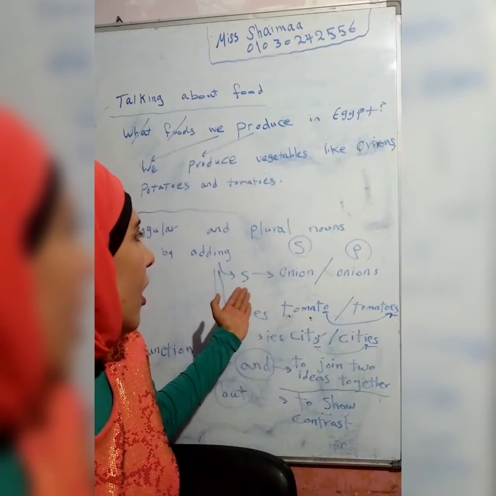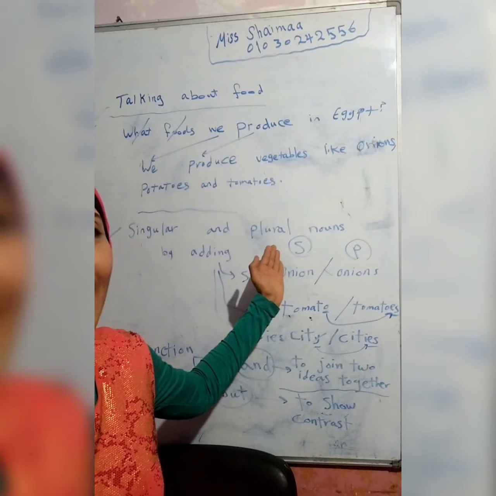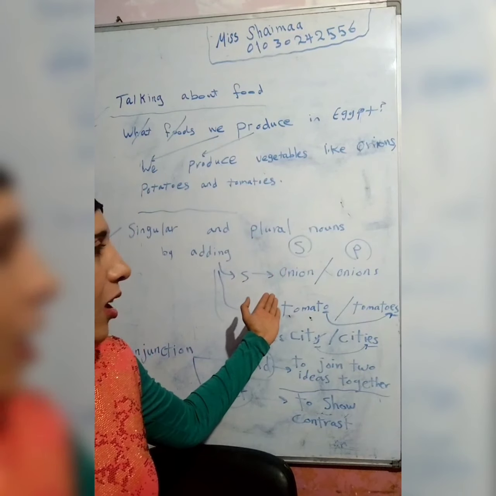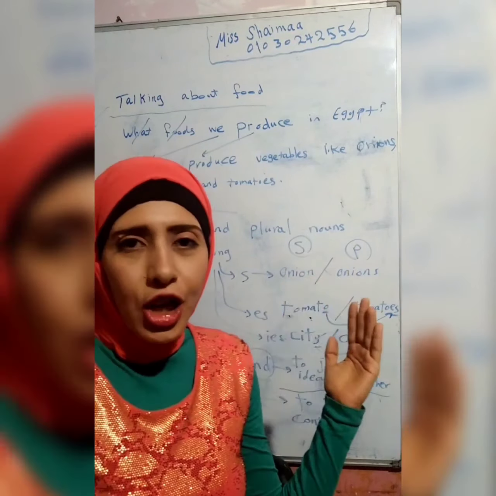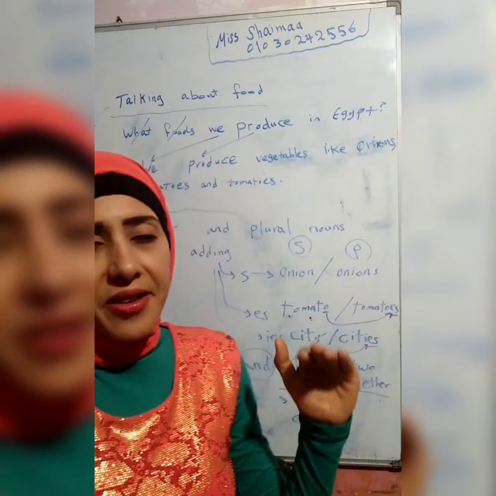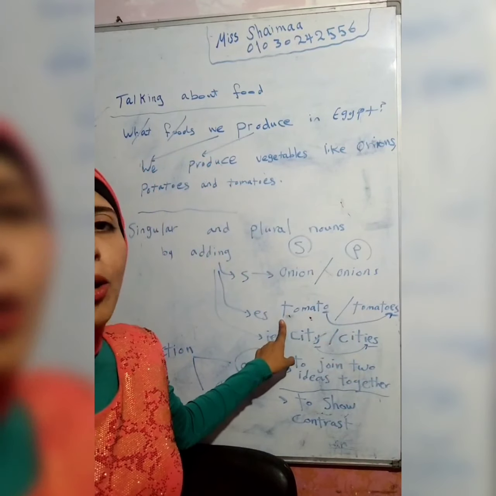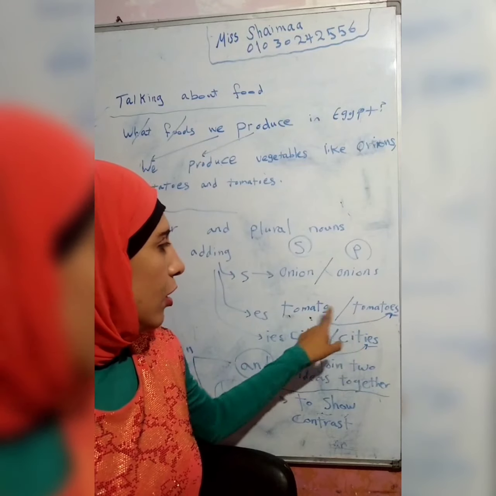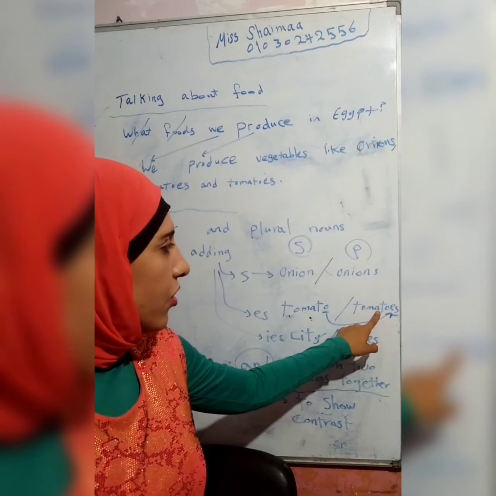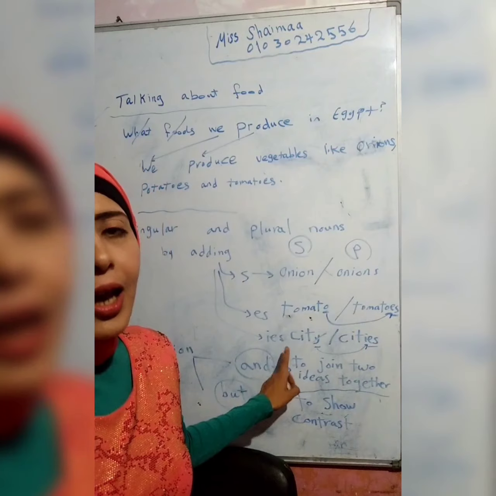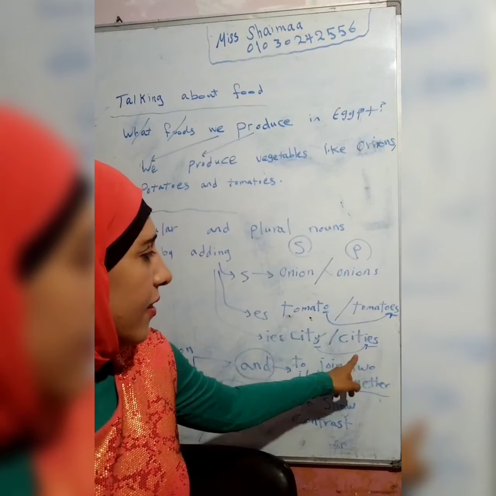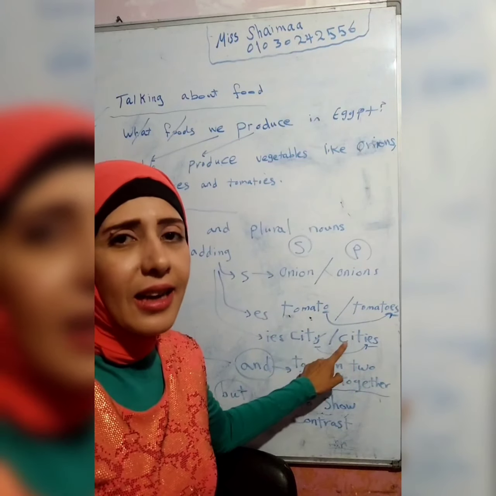The first one, by adding s, like onion, onions. The second, like tomato, tomatoes. The third, like city, cities.